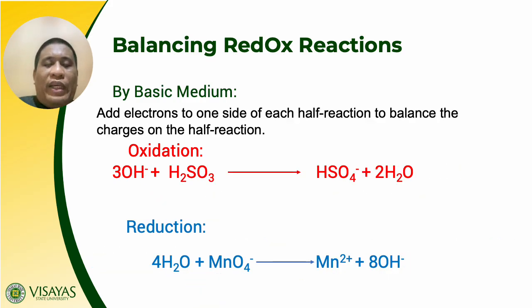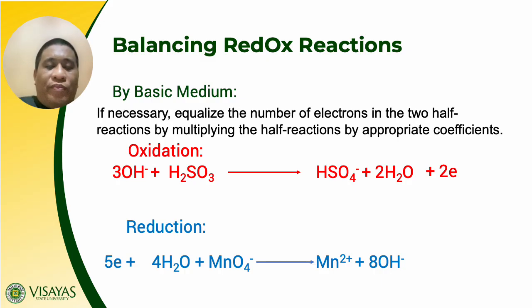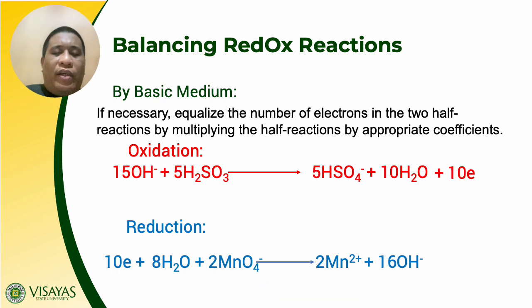From there, we can add electrons first to the oxidation half reaction and to the reduction half reaction, and then we multiply the half reactions with their appropriate multiplier. So in this case, we still multiply by 5 and multiply by 2, resulting in these half reactions.